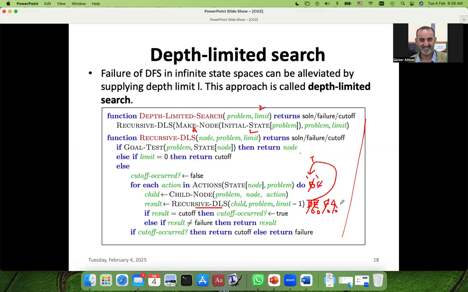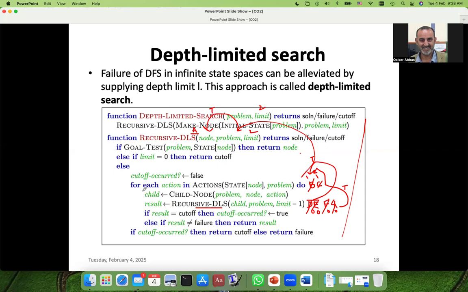And then it will return what? It will return cutoff again, and the cutoff value would be true. And this was the call with this A. So that cutoff will be true here again.